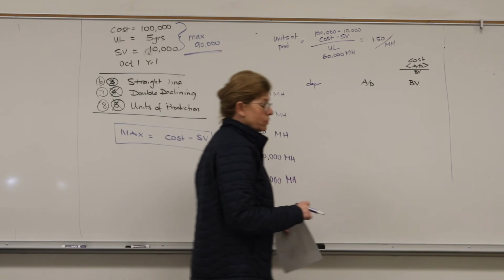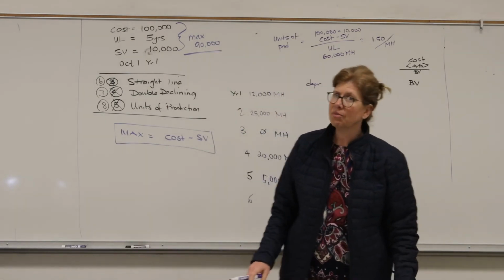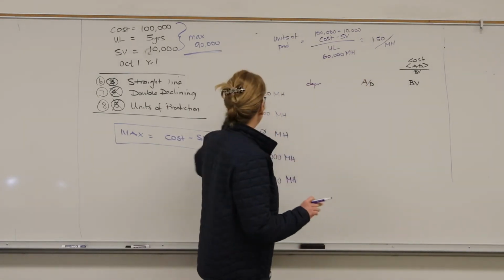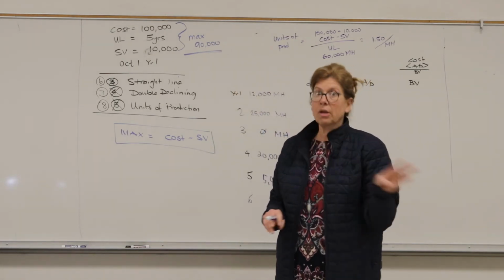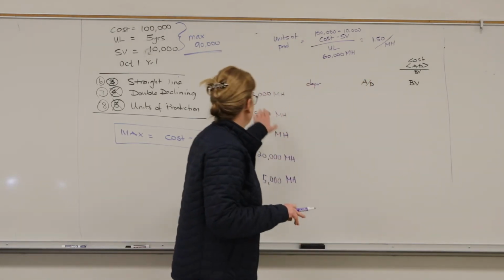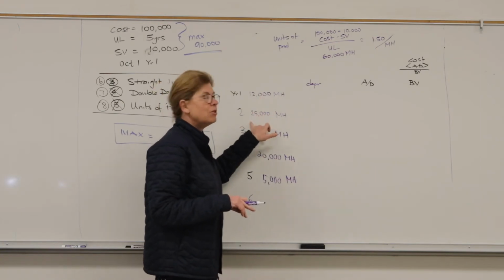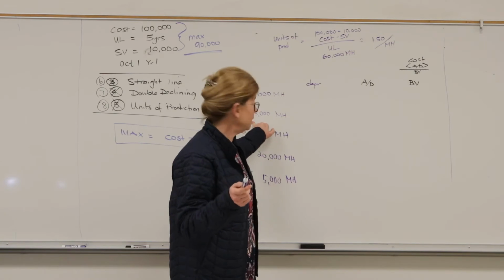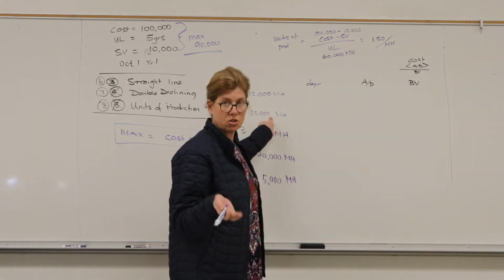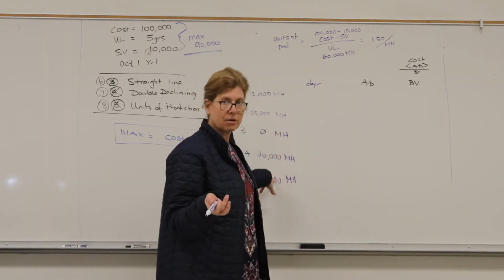Now, in each of these years, when I say year 1, I don't mean the first 12 months. From the time I purchased it on October 1st to December 31st of year 1, those 3 months, I used it 12,000 machine hours. But in year 2, which was January 1st to December 31st, now we're talking 12 months, and in this 12 months I used it 25,000 machine hours, then 0, and so on.